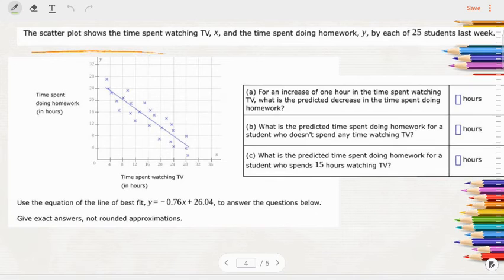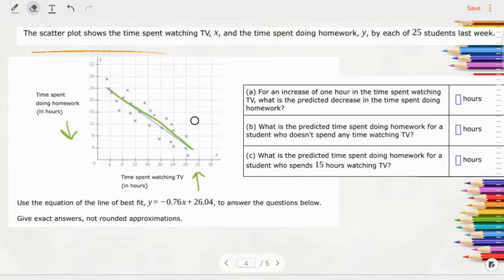So even for 24 hours of watching TV in a week, that's going to vary how much they do homework. So there are no for sures with scatter plots, but we notice this downward trend. As I increase the number of hours spent watching TV, the number of hours spent doing homework decreases. So we would say that this has a negative correlation. This line right here has a negative slope.